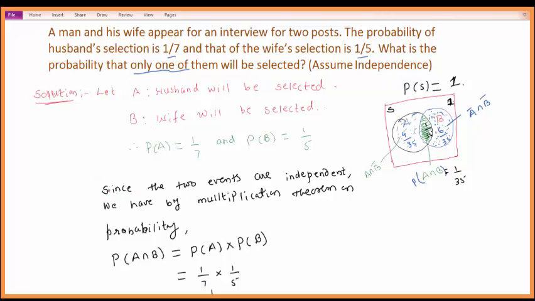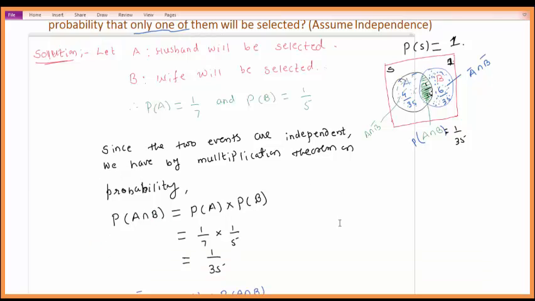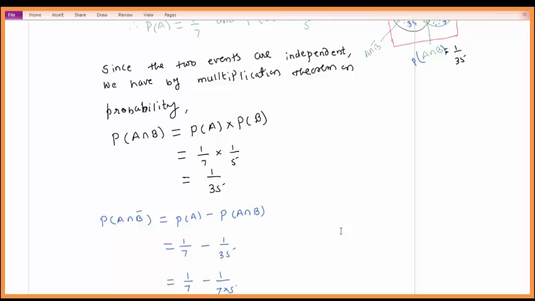If the 2 events A and B are independent, then by multiplication theorem, the selection of husband and wife both, that is probability of A and B, means husband will be selected and wife will be selected, is given by the product of probabilities, P of A into P of B. If the events are independent, then their common occurrence is just the product of their probabilities.